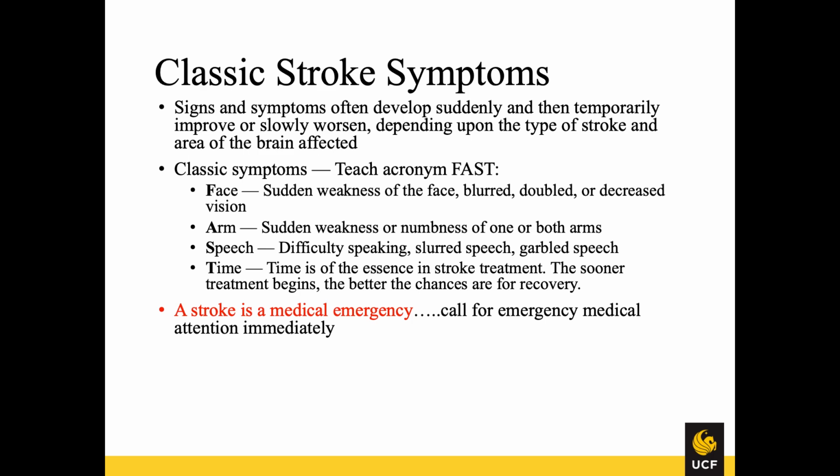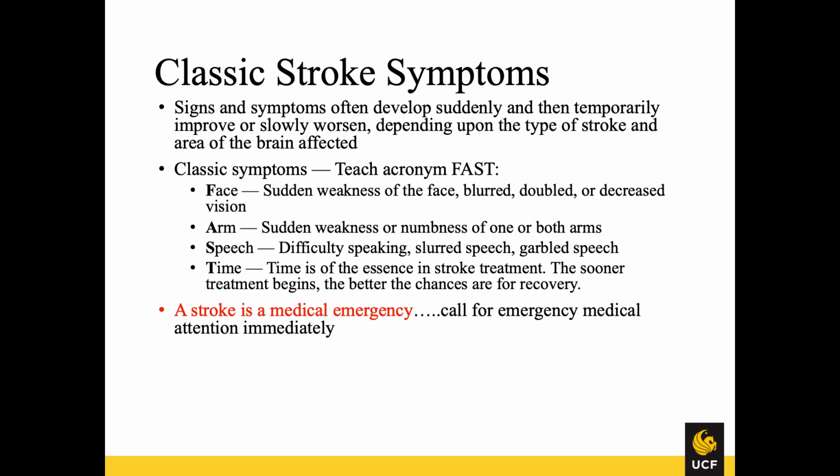First is the face: sudden weakness of the face, blurred, doubled, or decreased vision. A is the arm: sudden weakness or numbness of one or both arms. Speech: difficulty speaking, slurred speech, garbled speech. And then time. Time is of the essence in stroke treatment.